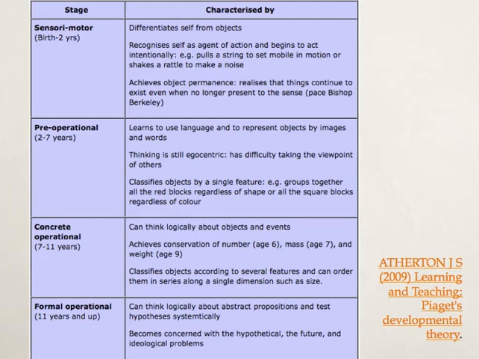Thus we still work with maths apparatus, because that allows them to start thinking about the properties of number. And then Piaget would see, moving into secondary school, they can start thinking about ideas without having to have the concrete objects there on which to base them, because perhaps of that familiarity with language, and they're starting to be able to think in a more formal and more abstract sense.